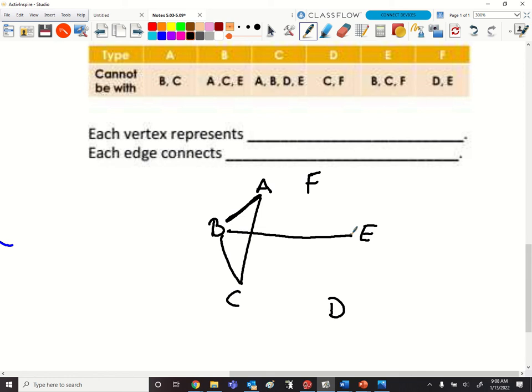Type C connects to A, to B, to D, and to E.